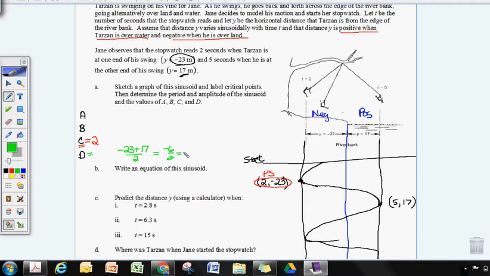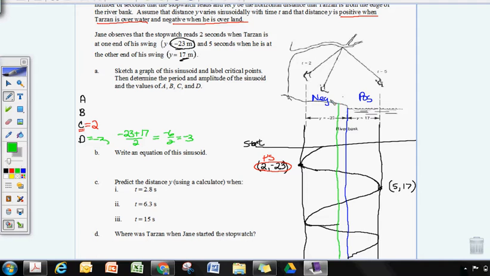So my D value is negative 3. So in reality, this line right here is my x-axis. Okay, I got my x-axis. It's in green.